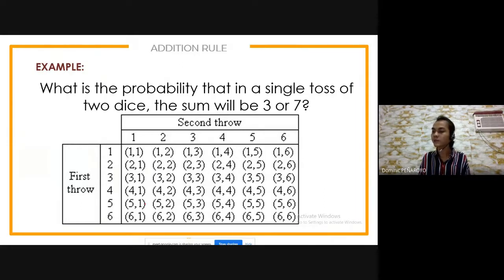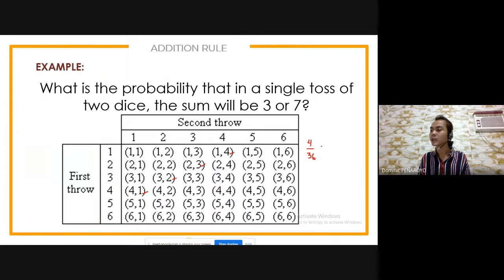Okay, so sum of 5 we have here 4 plus 1, isa, 3 plus 2, isa, 2 plus 3, isa, and then 1 plus 4. So the probability of getting a sum of 5 is 4 out of 36.